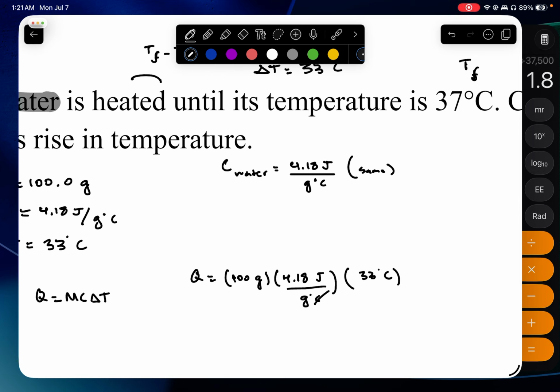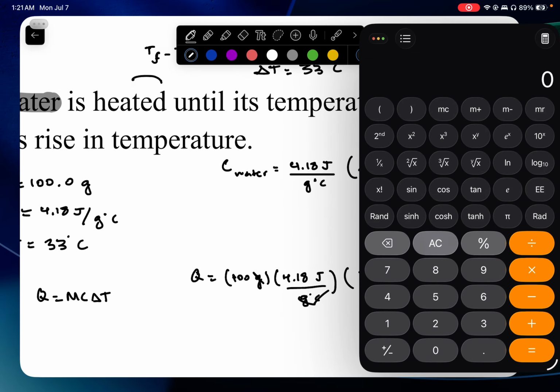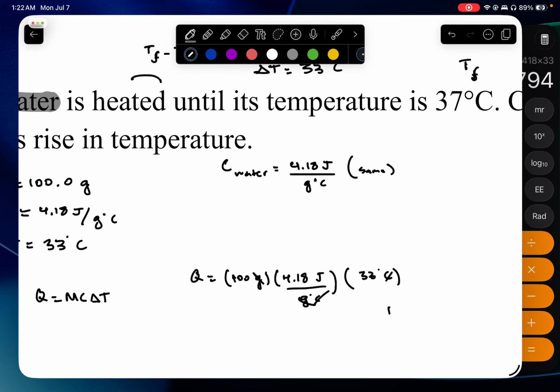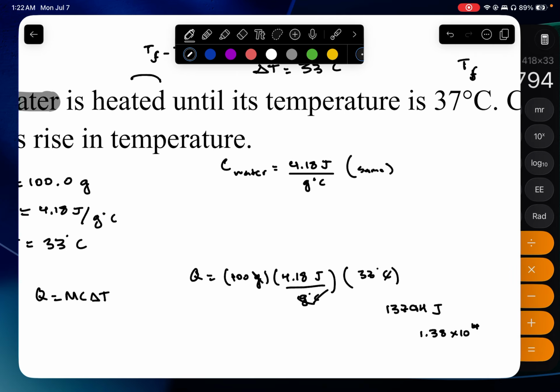All of the units cancel out once again to get us 418 times 33, which is 13,794 joules. Or if we round it to sig figs, it's going to be 1.38 times 10 to the 4th joules.